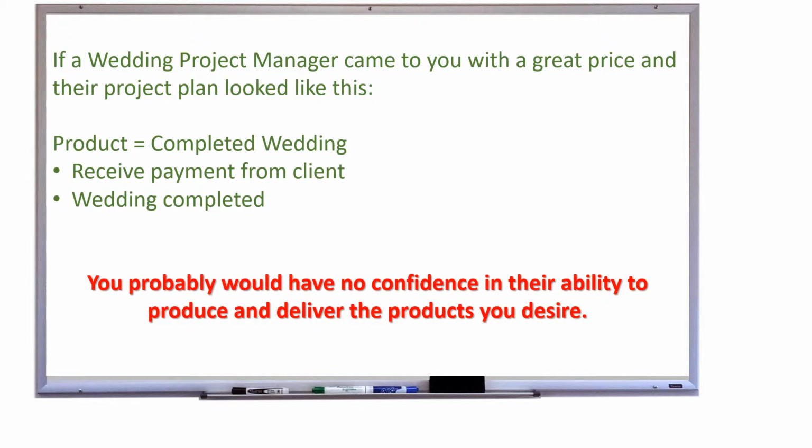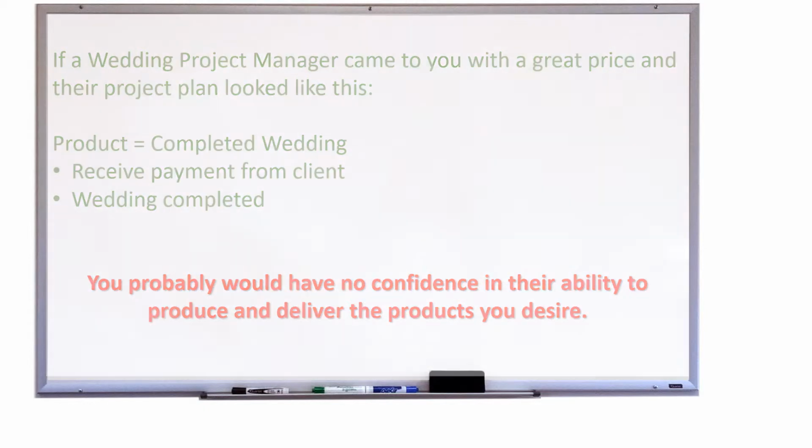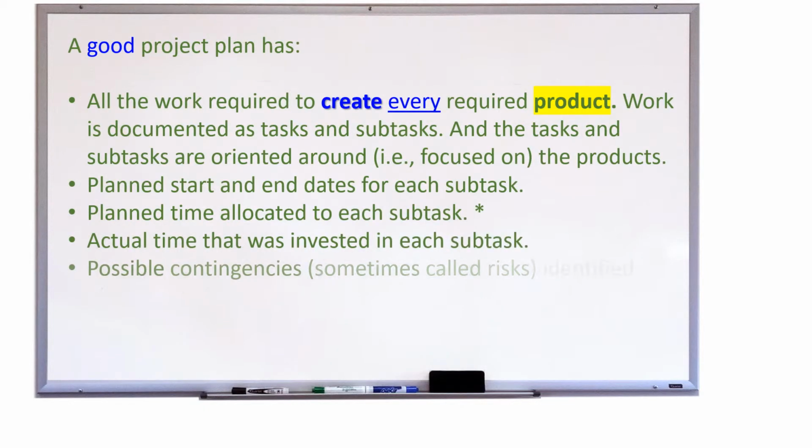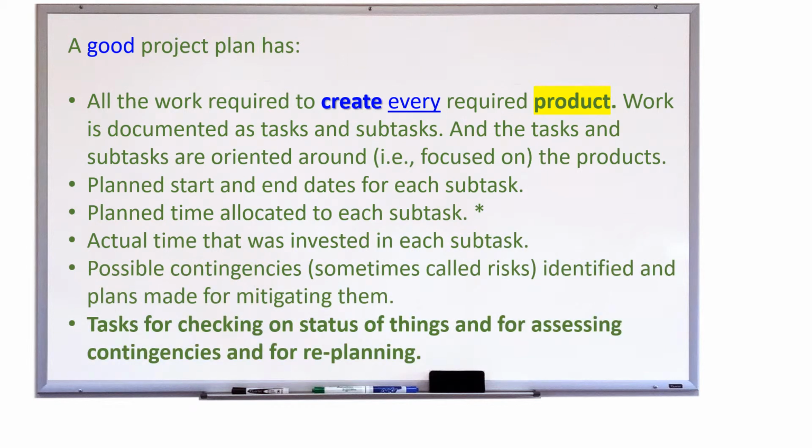And you also told them you needed to have them identify all the tasks and subtasks, and they only had 2 tasks: receive payment from the client and then wedding completed. That's it. So what would you be thinking about this project manager's capacity to produce and deliver the products that you desire? That's a situation we want to be far from.